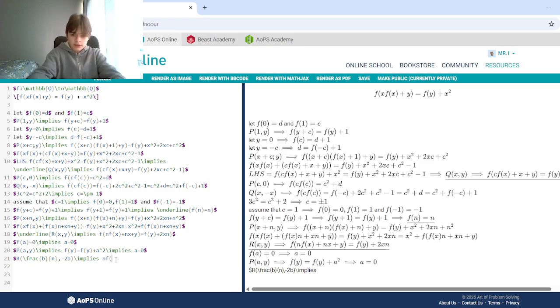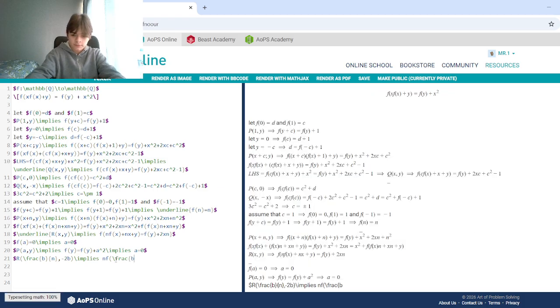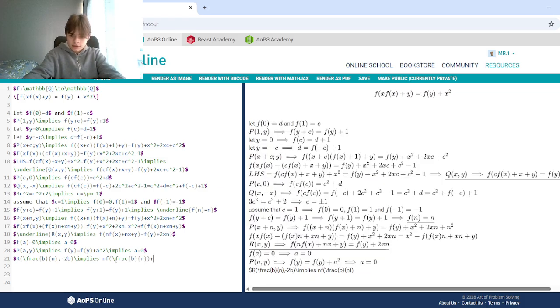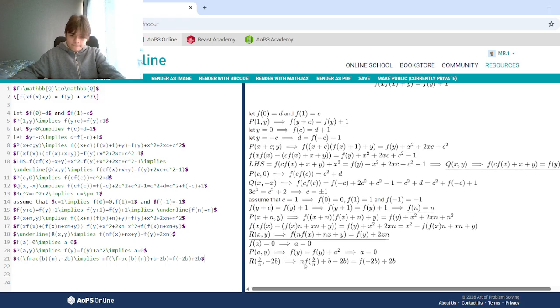So we get n times f of the fraction b over n, plus nx is b, and plus minus 2b is equal to f of minus 2b, plus 2xn is equal to 2b. Okay, so it's correct now.